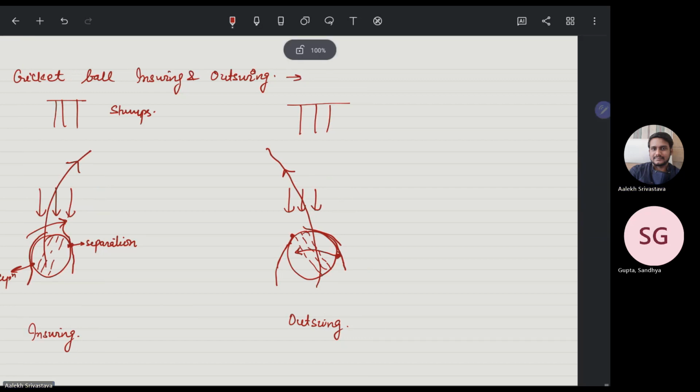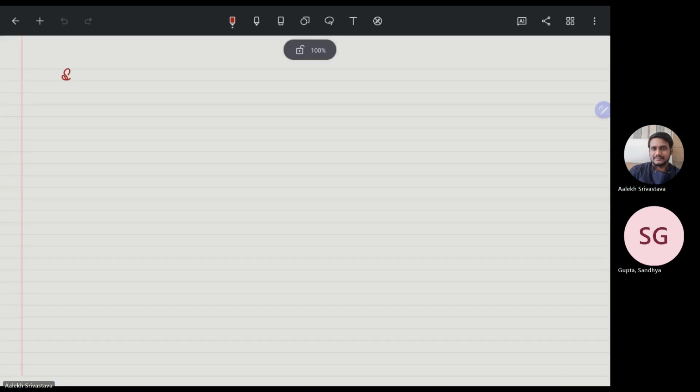separation. So when we say the spin of a cricket ball, it happens because of the Magnus effect.